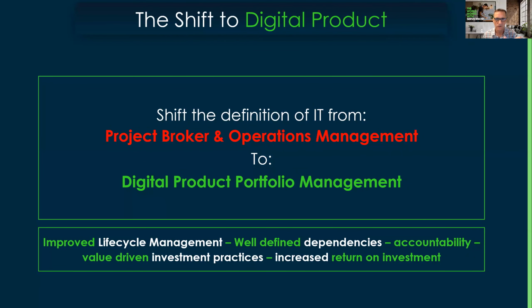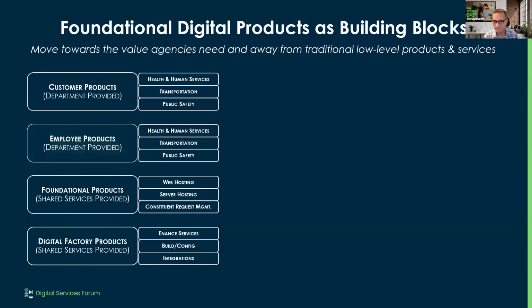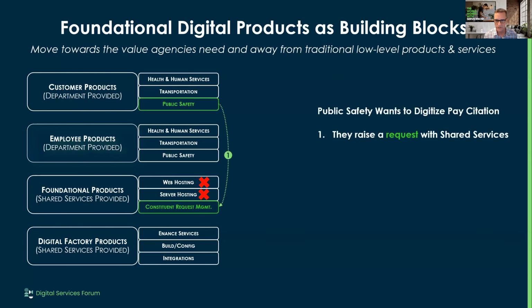So let me give you an example here. In the shared service organization, what we're really looking to do is support a use case like this. Again, I'm using the government use case because it was public and we started with that. Public safety wants to digitize paying a citation.